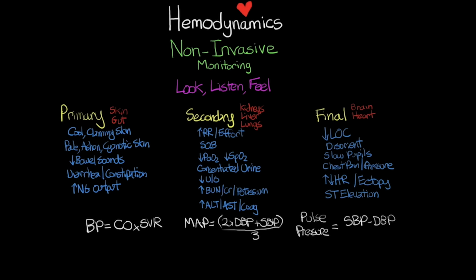And the whole point of the pulse pressure is to tell us or show us how wide or how narrow of a difference there is between our systolic and diastolic pressures. This will come in later on when you're looking at determining what is going on with your patients, whether they have a very wide pulse pressure or a very narrow pulse pressure, or one that's widening or one that's narrowing. And that can tell you a little bit about what might be happening with your patient as well.